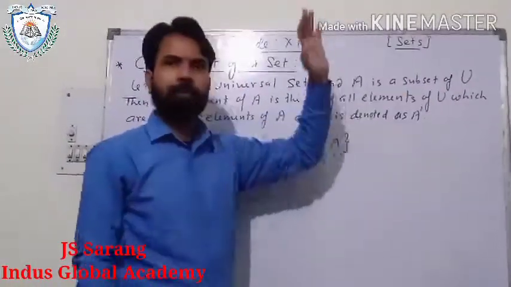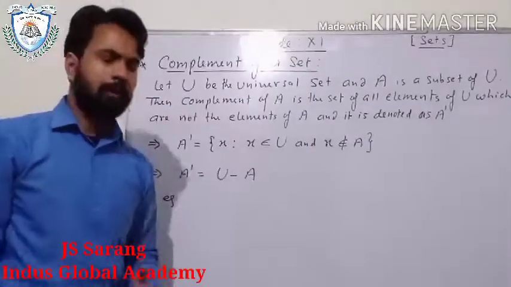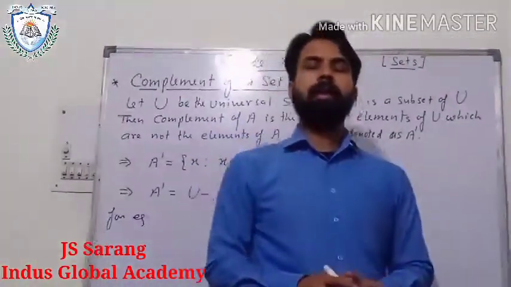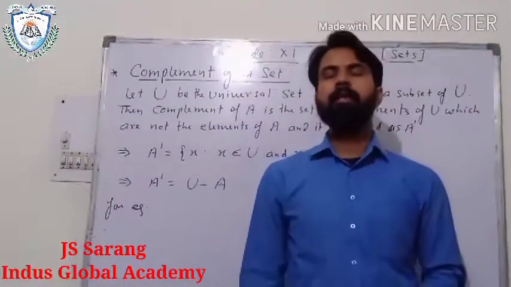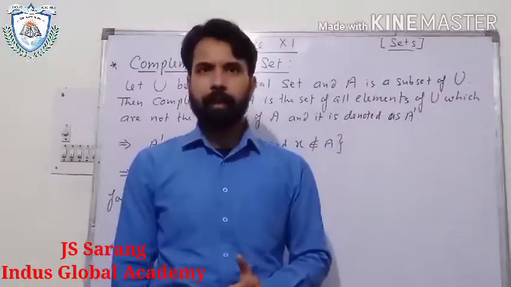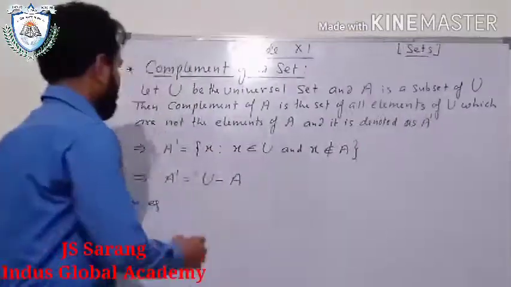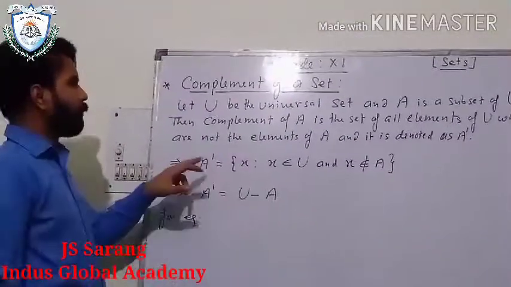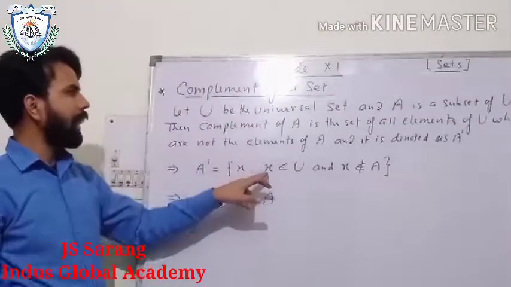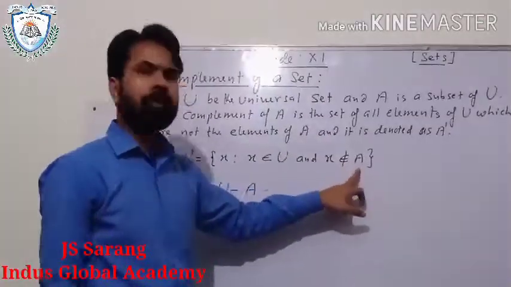A dash. Understood? So by the definition we can say that the complement of a set A is the set of all the elements of the universal set which are not present in A. Are you getting this? Okay. The set builder form of the complement of A is: A complement is equal to {x such that x belongs to the universal set and x does not belong to A}.